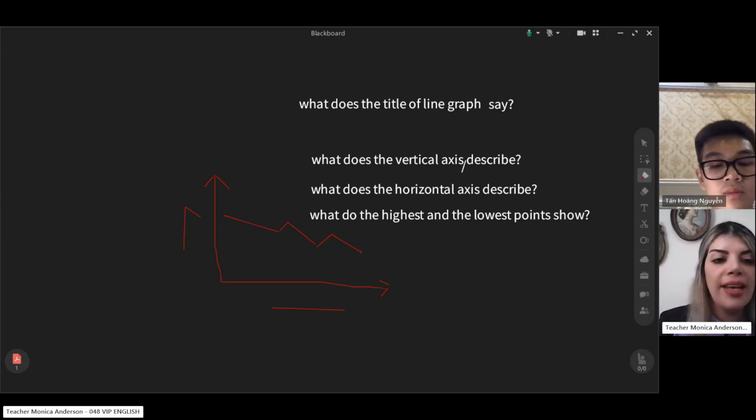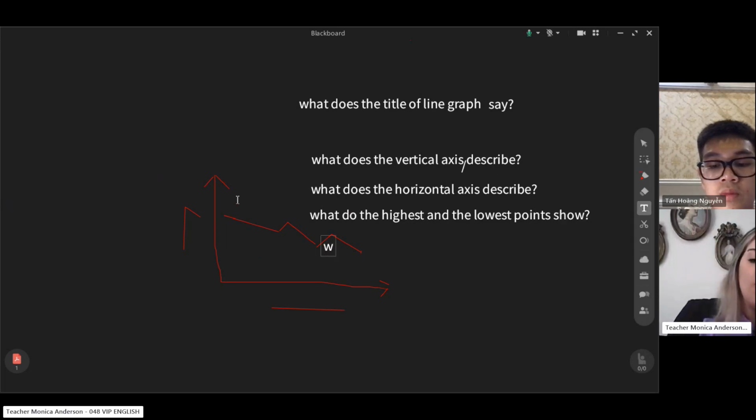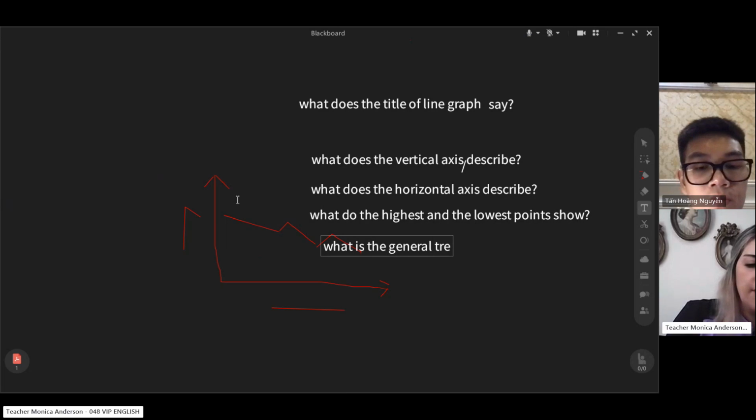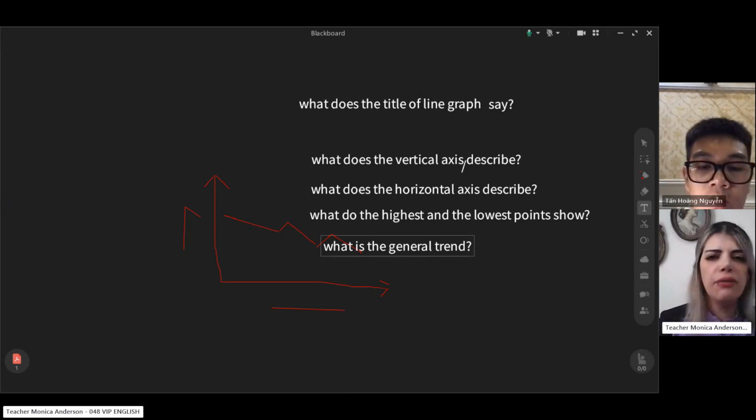Next one: what is the general trend? For example, you can see I don't see a significant change.